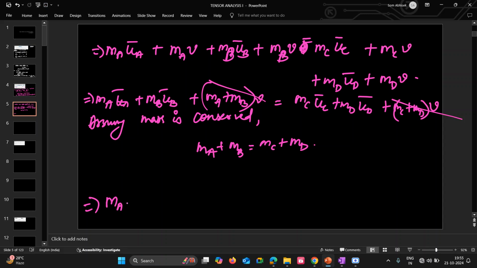So Ma Ua bar plus Mb Ub bar is equal to Mc Uc bar plus Md Ud bar.